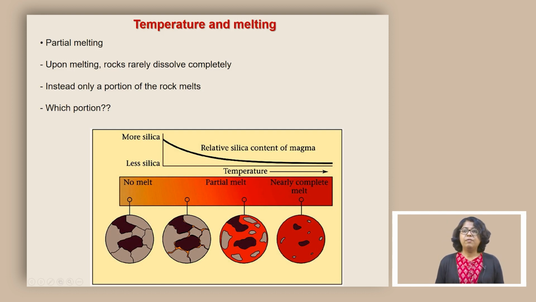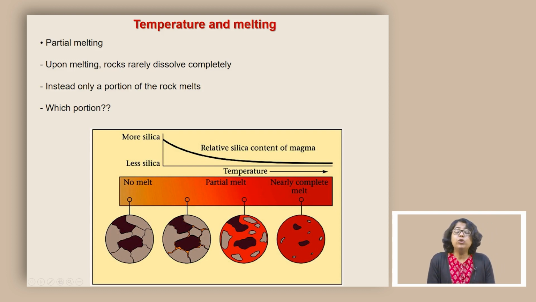If you start with a solid rock and then increase the temperature, only part of it will start to melt at a single point of time, and eventually we will see an increase in the melt phase and a decrease in the crystallized phase, and eventually with high temperature the entire rock will start to melt. And this is the phenomenon of partial melting, and it also explains why we do not find a complete melt when the magma is rising from the deeper part of the earth.